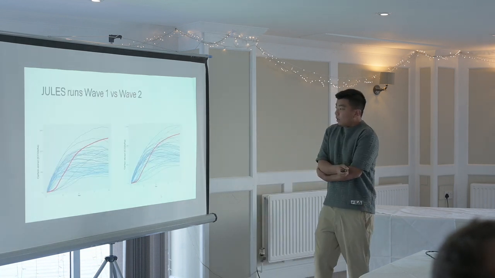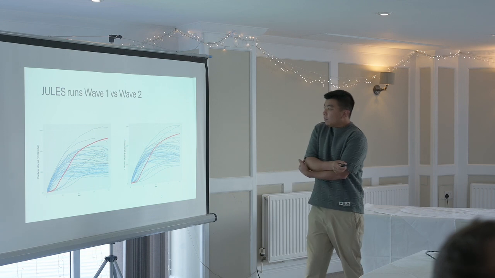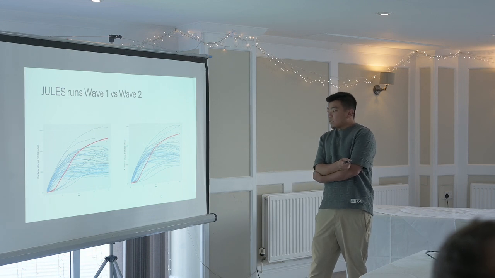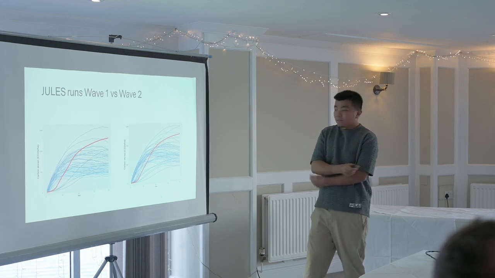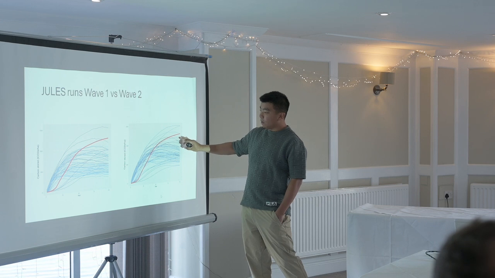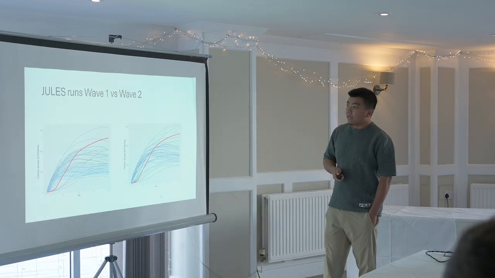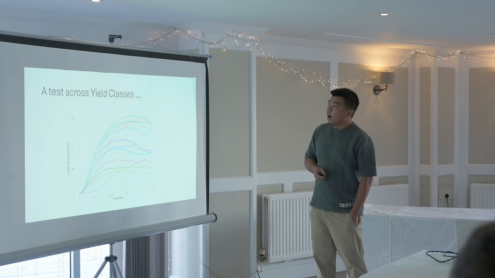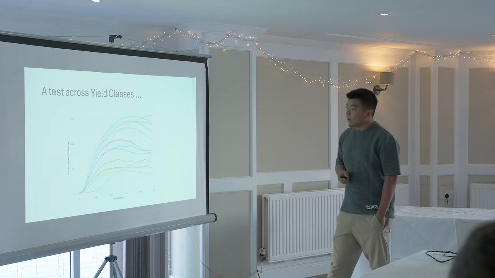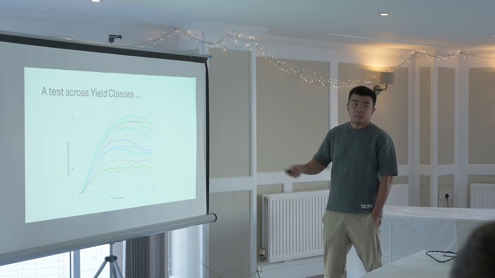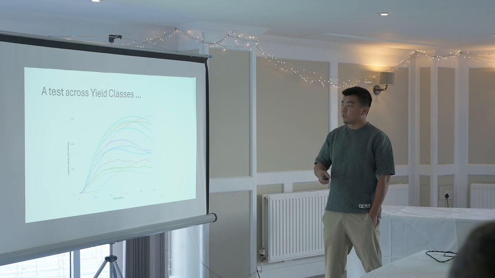But yes, we know it's working, but it seems like we cannot get both ends. We can either match the end part or the beginning part. So we did an experiment across all the yield classes, because that's what we want, one parameter set across all different classes.